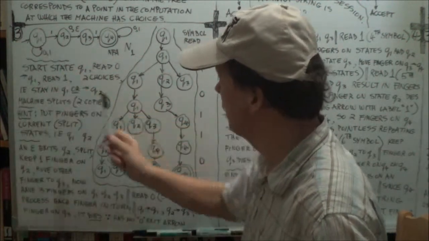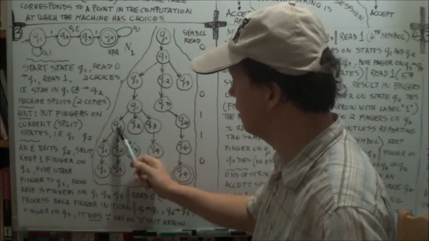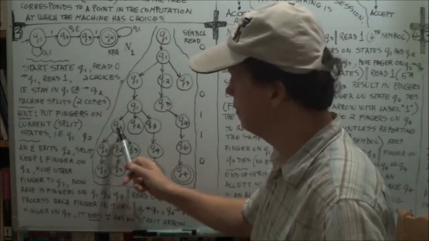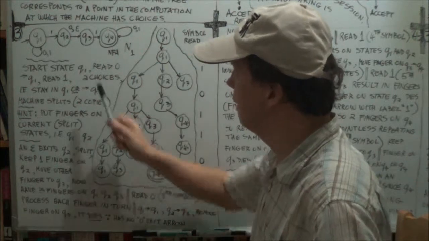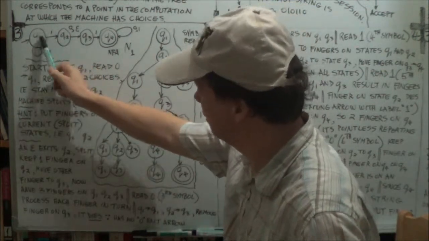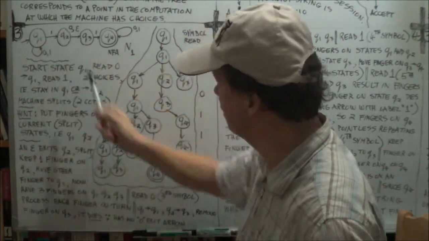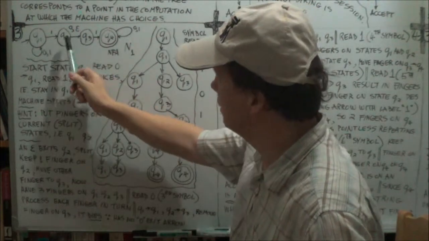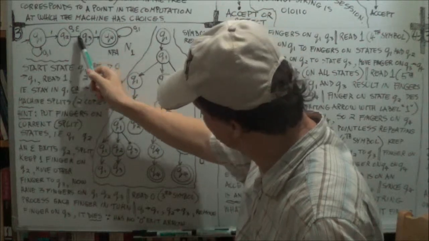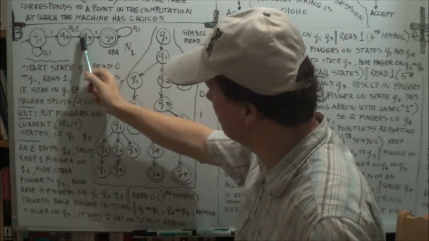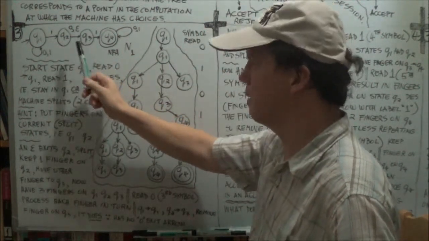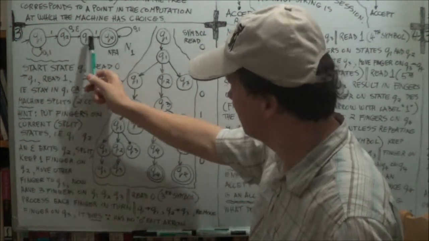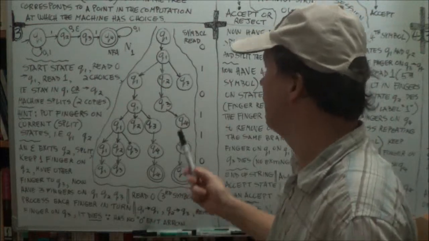This one didn't change, so that copy will be in state Q1. If you take that branch, then you're in state Q2. And because of the eta, you look at the state that eta is pointing to, create another copy of the machine and put its current state into that state. So you go Q3.